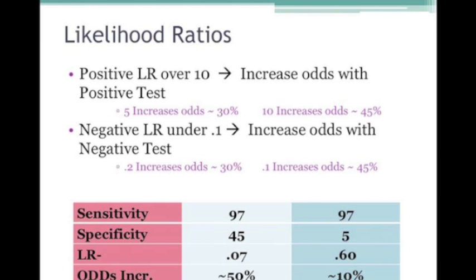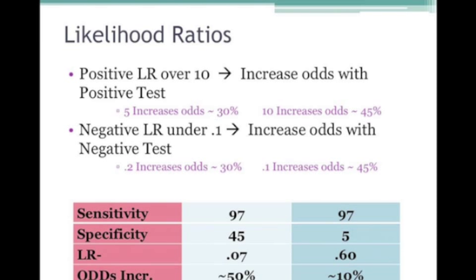A good way to kind of cheat the system a little on this is, if you see on the bottom here, these are two tests with the same sensitivity. As long as your specificity is over 40, or the other number is over 40, so it works both ways, that means your likelihood ratio is going to be pretty high. So your odds will increase.